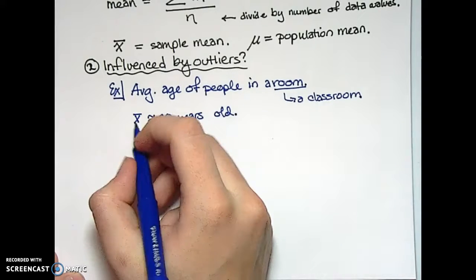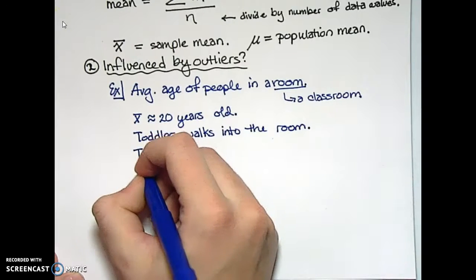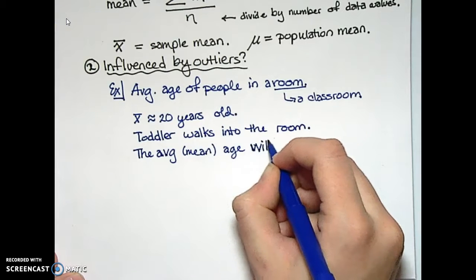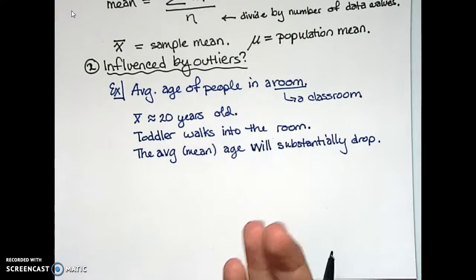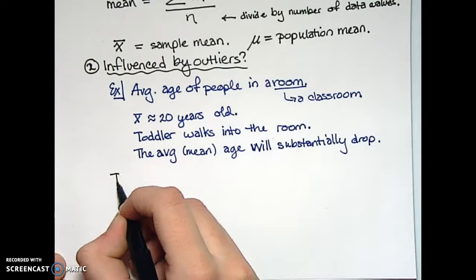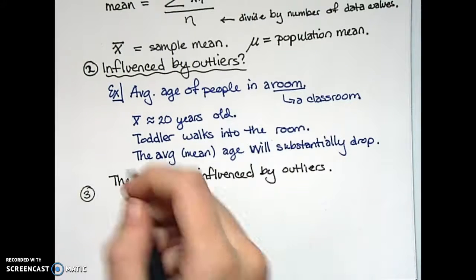Now, what happens if a toddler joins the room? In this situation, the average age will substantially drop. We could certainly work with other examples or specific values, but from this we can conclude that the mean is influenced by outliers.